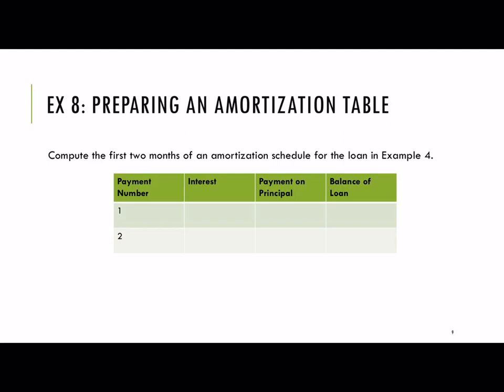Then other columns for that payment show the breakdown. Some of that money is going to go to interest, some's going to go to principal, and then we also have a running total at the end, the balance of the loan. That's how much money is left on the principal of the mortgage that needs to be paid off.